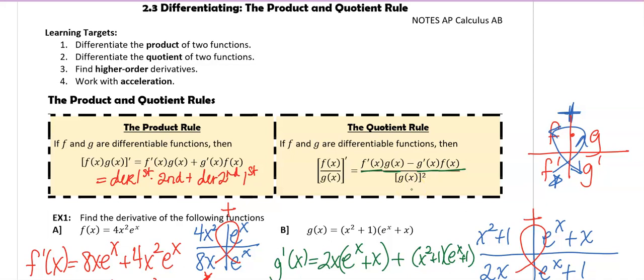Another way people remember it is we start with low, d high. D is for derivative, so low times the derivative of the high, numerator, minus high d low, all over low squared.